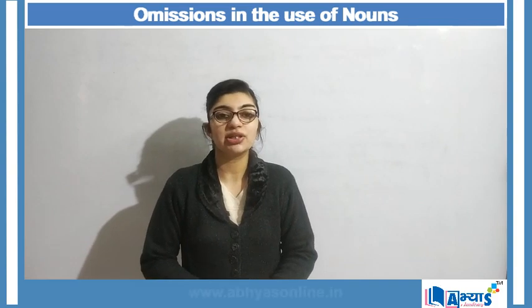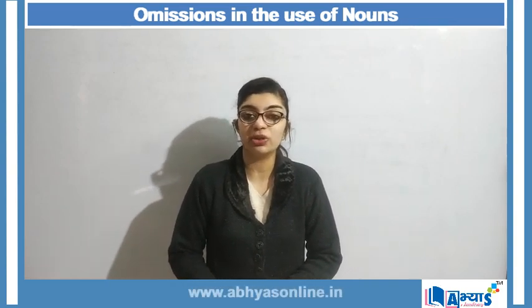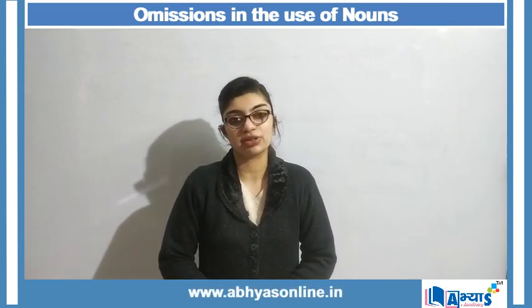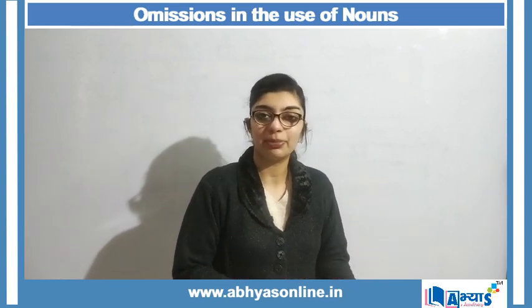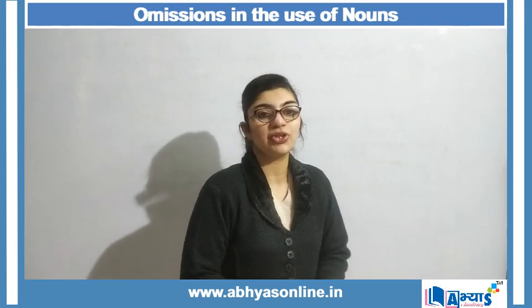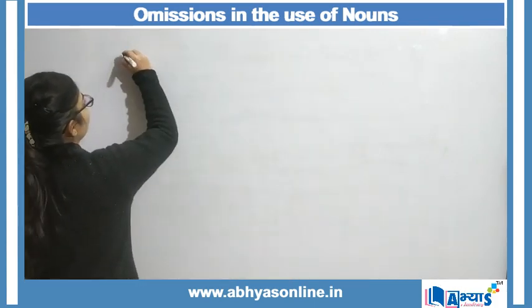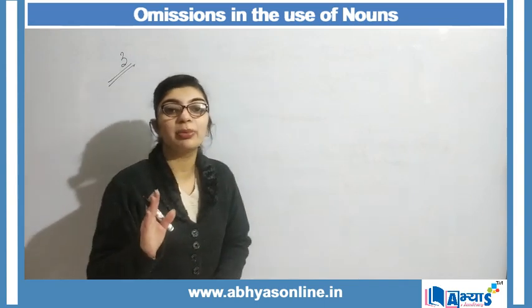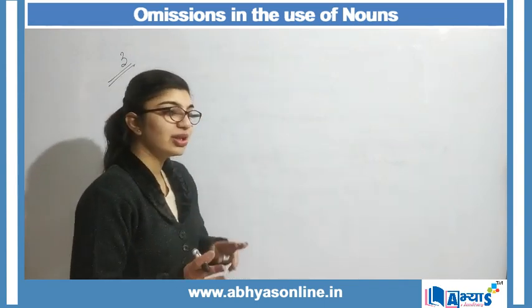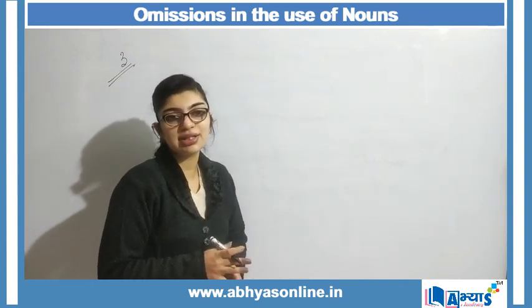So these words, when they are preceded by a numeral, they remain unchanged. So there are some words which are preceded by a certain number, still they will remain unchanged. So that is the third area where we need to make sure that we properly omit the sentences if such words occur in the sentence.